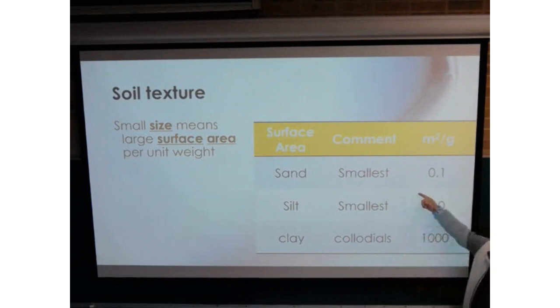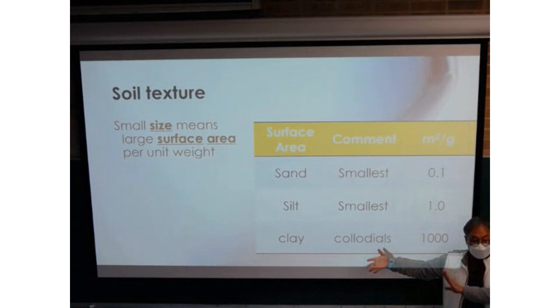Okay, sand has about 0.1 square meter per 1 gram. It means 1 gram of sand has 0.1 square meter of surface area. A simple concept is what? Parking lot. Okay, think about the parking lot. A large parking lot is able to keep many cars. A small parking lot keeps a small number of cars.